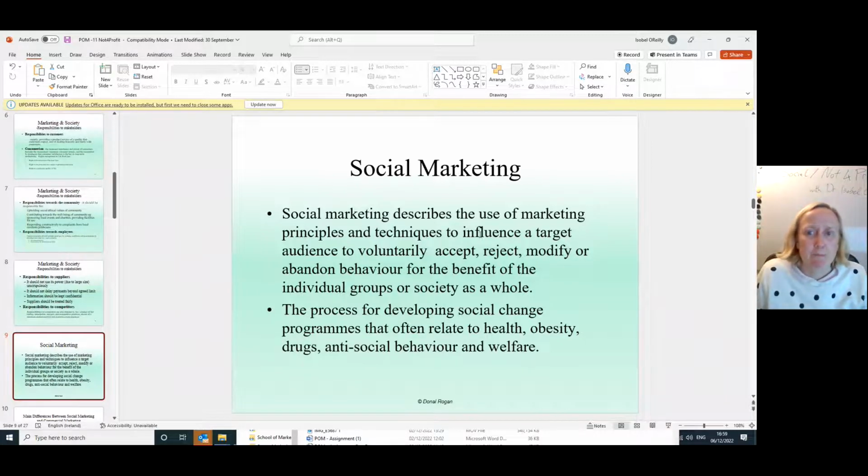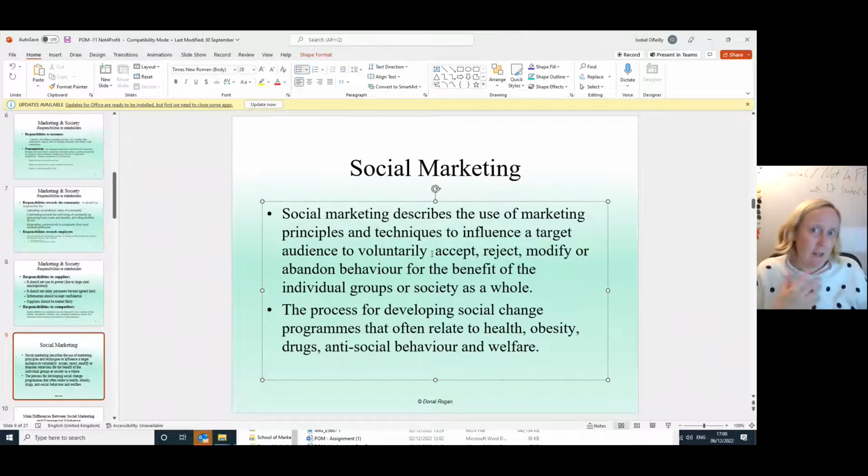So it can be an anti-smoking campaign. It could be tips on how to reduce energy consumption.